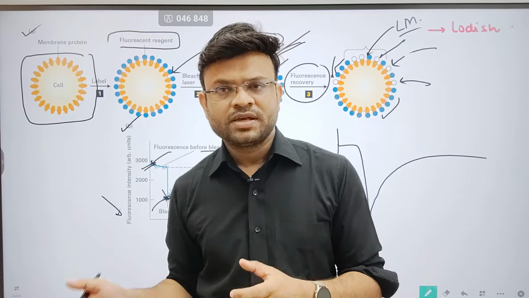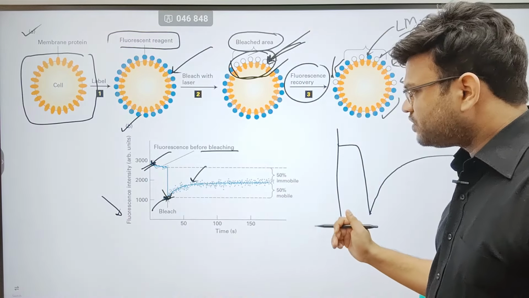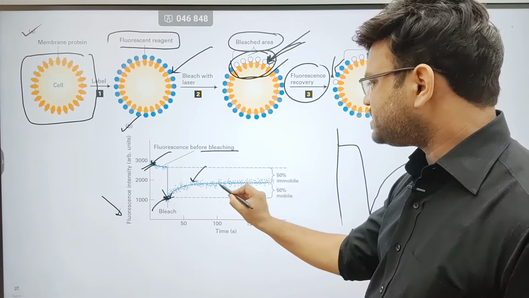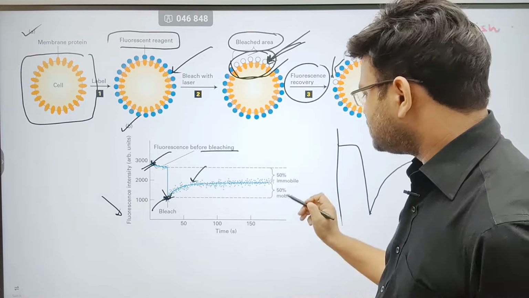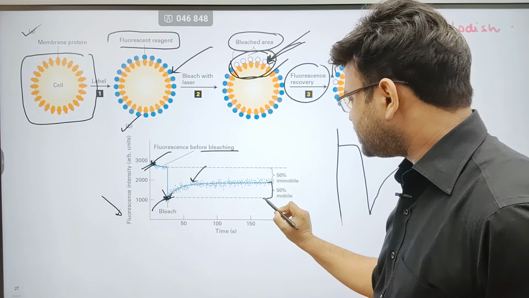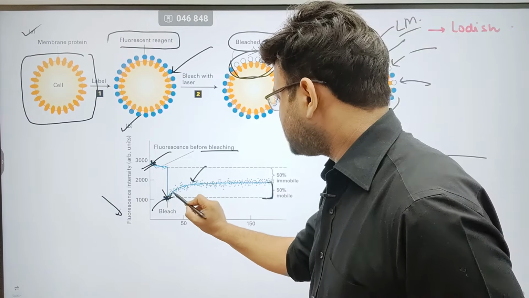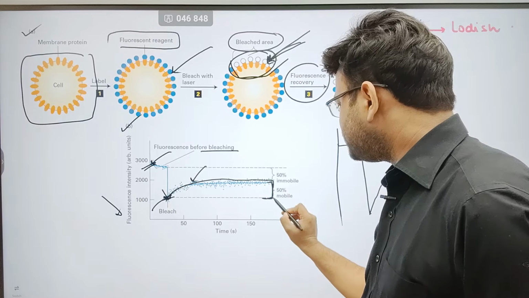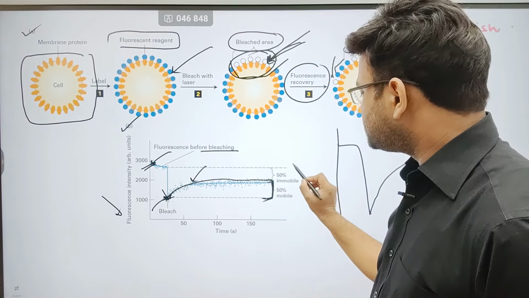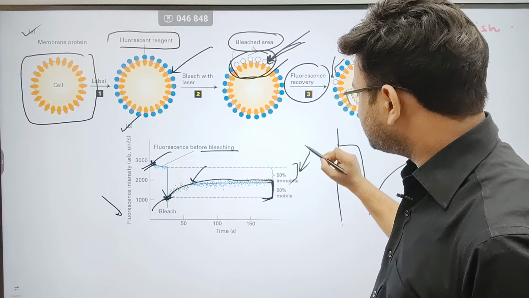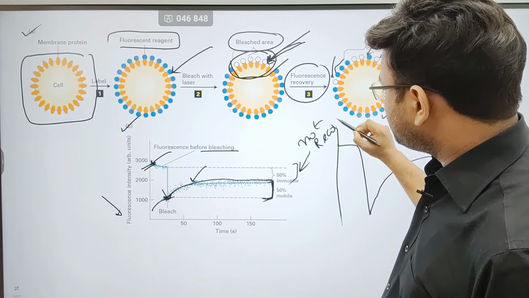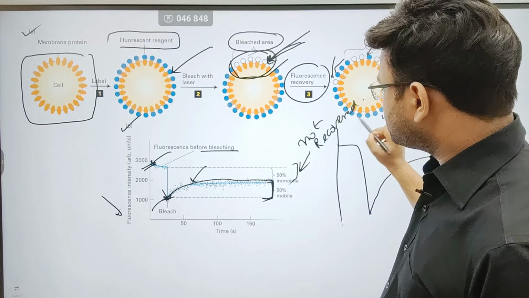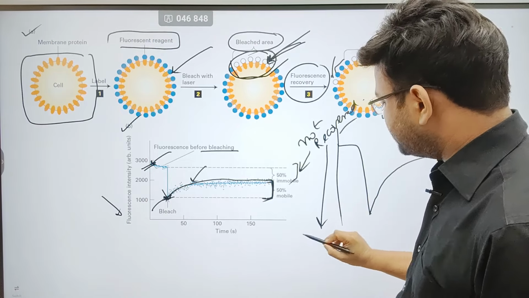So over here you can see that if I say 50% recovery has taken place, this is the amount of recovery that has taken place, because the graph rose from here till here. So this is the amount of recovery, but this portion was not recovered. The portion that was not recovered is because of the immobile components.